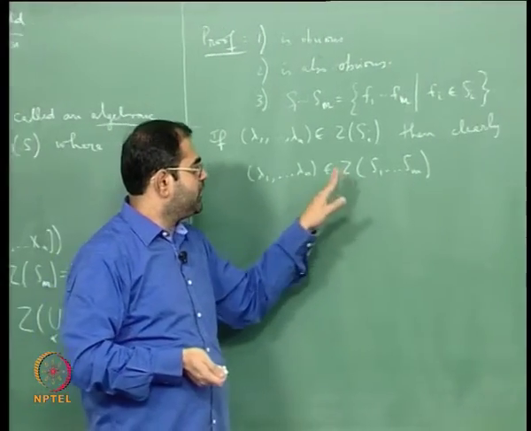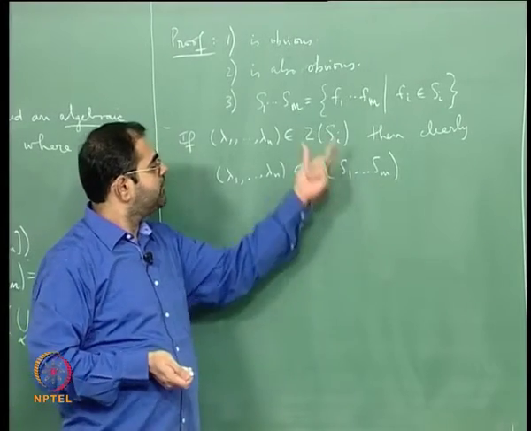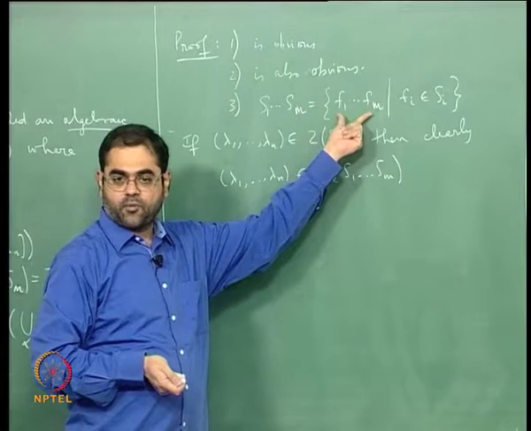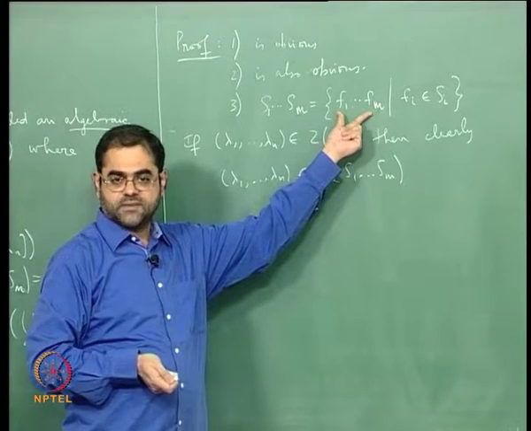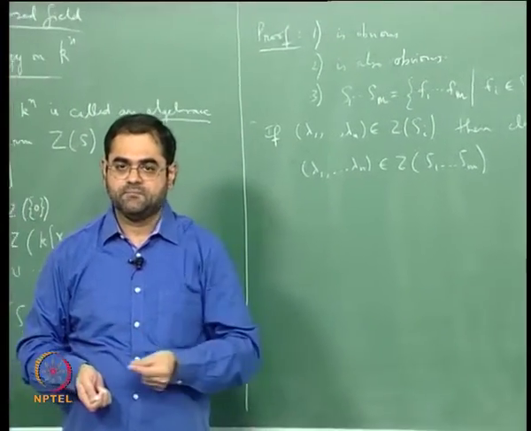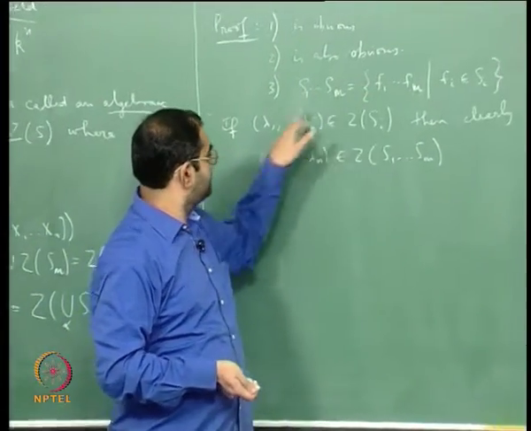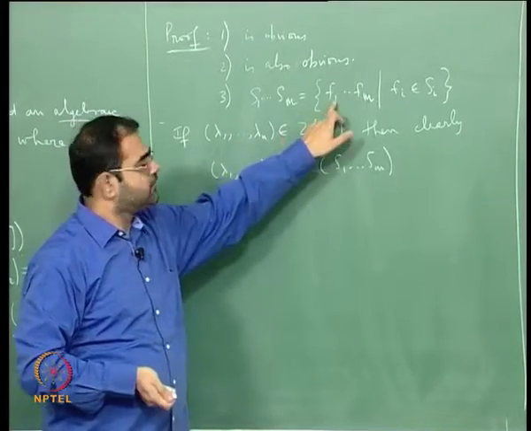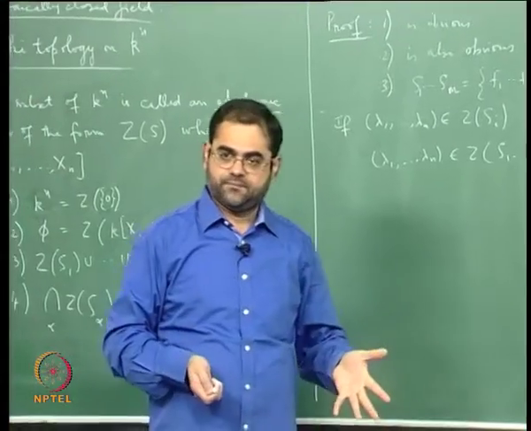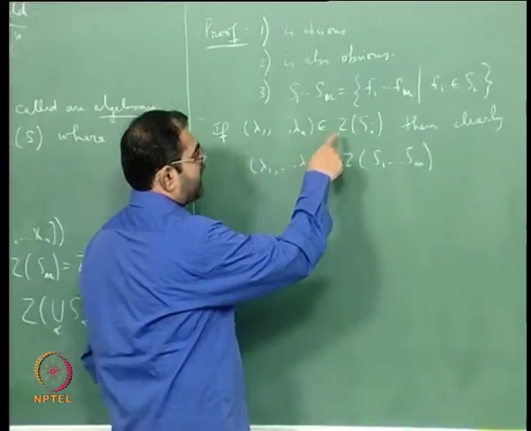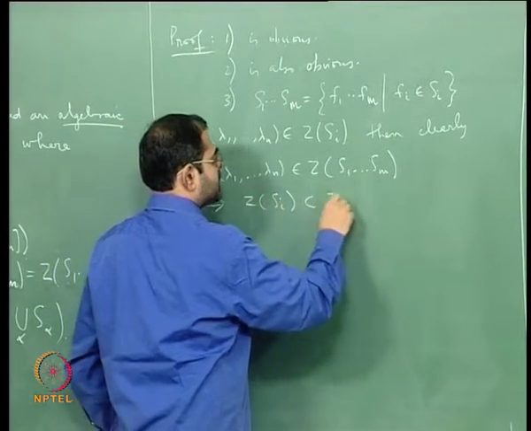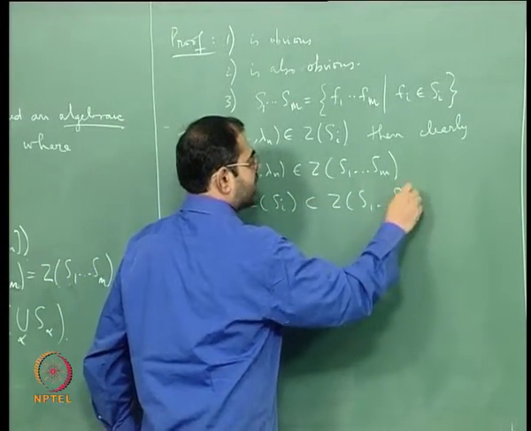because to get a 0 of an element of this means you have to get a 0 of an element which is a product like this, a product of polynomials, and for that it is enough that it is a 0 of just one of them, so that when I plug in this n-tuple into each of these, even if one of them vanishes then the product vanishes. Therefore what it tells you is that Z of Si is always in Z of S1...Sm.